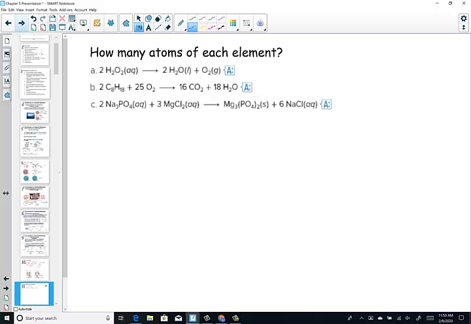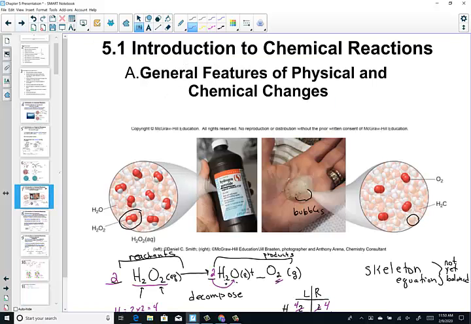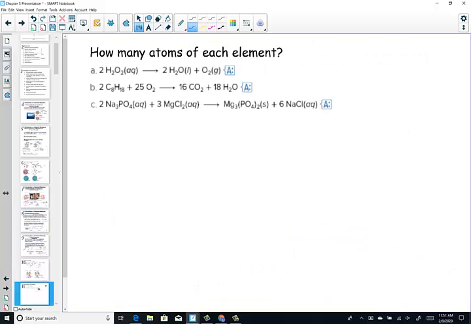Welcome back. In letter A, this is a very familiar equation from a slide ago. This is the one that we were looking at where hydrogen peroxide decomposed. Notice I'm going to say this is a decomposition reaction, just so I can see a little bit of a lesson coming up. To decompose means I take a compound and break it into smaller pieces, right?